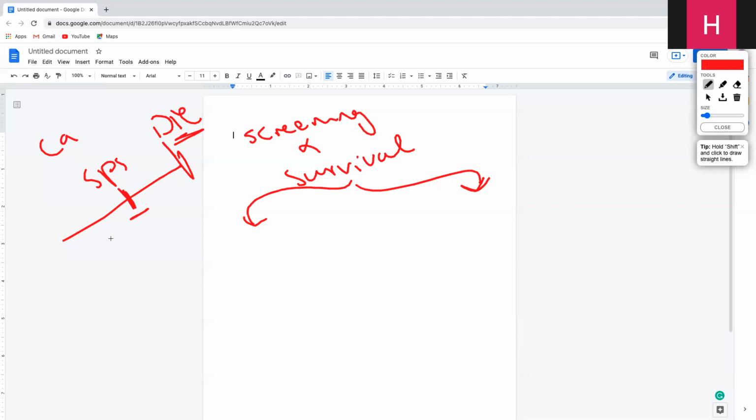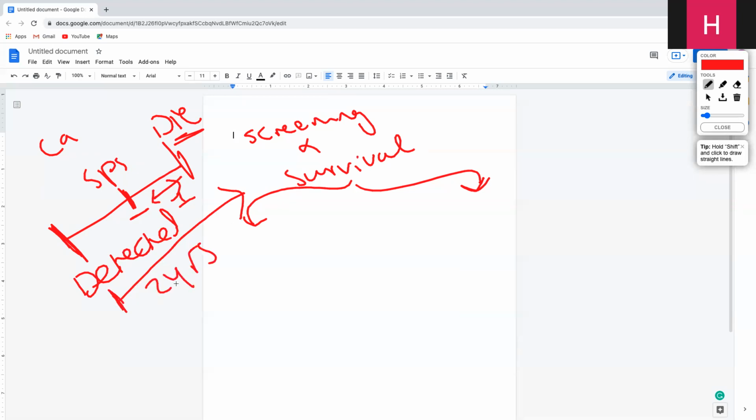This test improved the survival because I tried it and it detected the disease here. And then I calculated the time from here to here. I know that people here live only 1 year after the diagnosis, but because of my test, my patients lived for 2 years or 3 years.